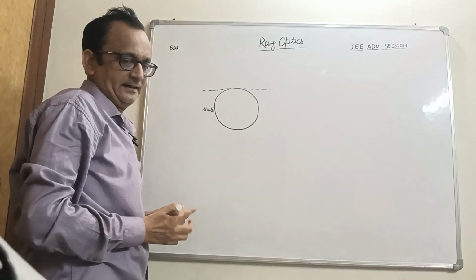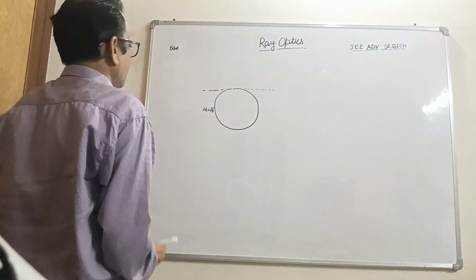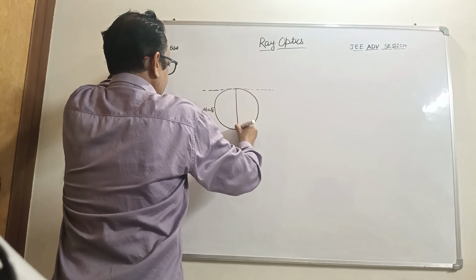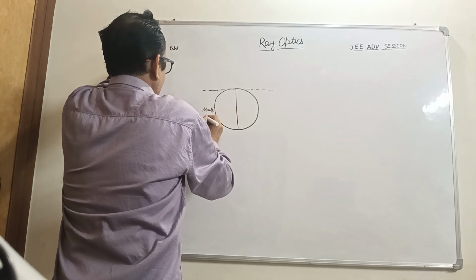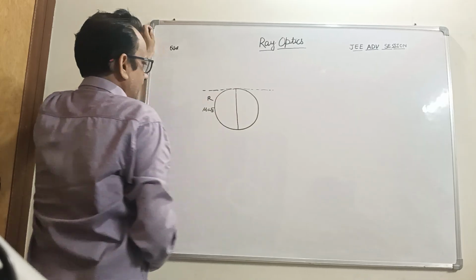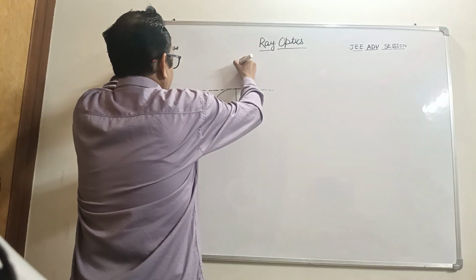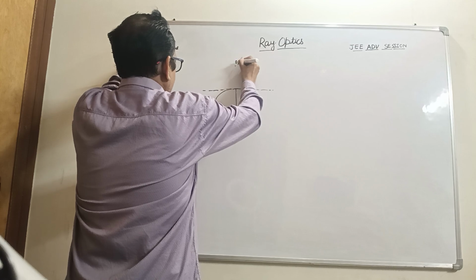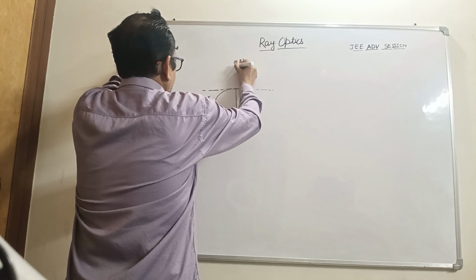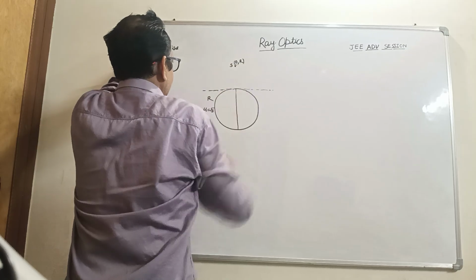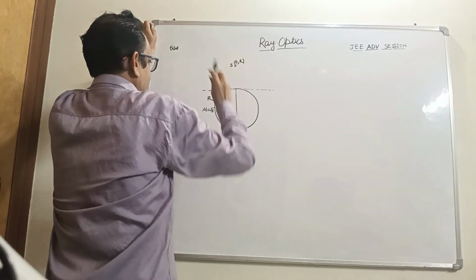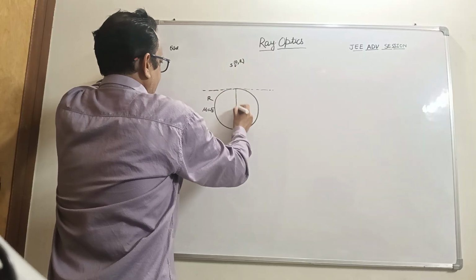The radius is r, and here at distance r, this is the coordinate 0 comma r. Suppose here a light source is placed, at distance r from here, this is also r.